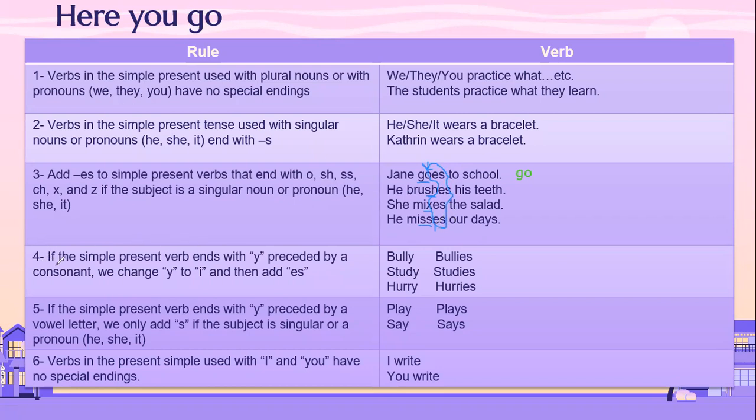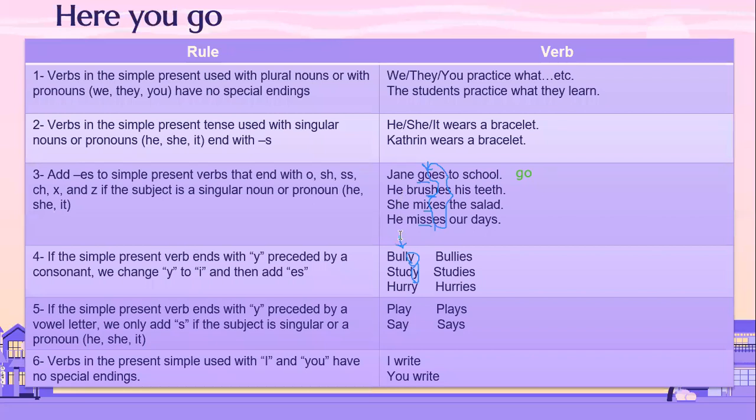Now the fourth rule: if the simple present verb ends with Y preceded by a consonant, we change Y to I and then add es. For example, bully becomes bullies. So bully ends with y, and the y is preceded with a consonant, which is the letter L. Study ends with y and preceded with a consonant.